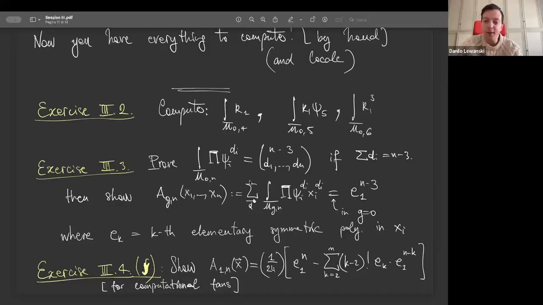You can define it as the sum over d1, ..., dn of the integral over M_{g,n} bar of some monomial in psi classes, and every time you have some power of psi_i, you pair it up with the variable xi to the same power. And so now you want to know what this A_{g,n} is in terms of these xi's. If you can express the generating series in the xi's in a closed form, then you know all of these numbers.